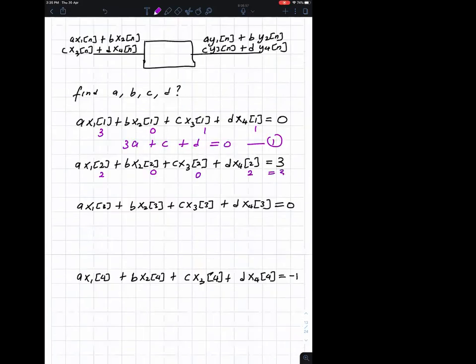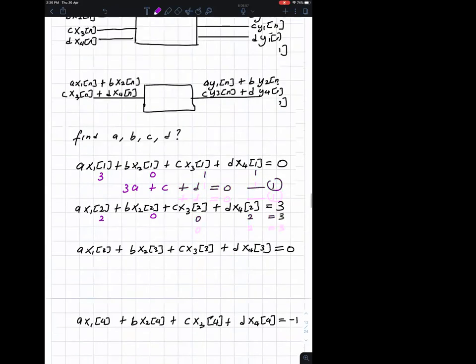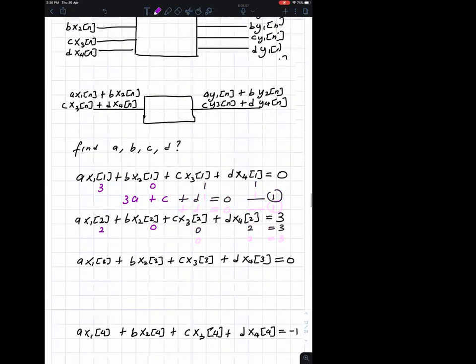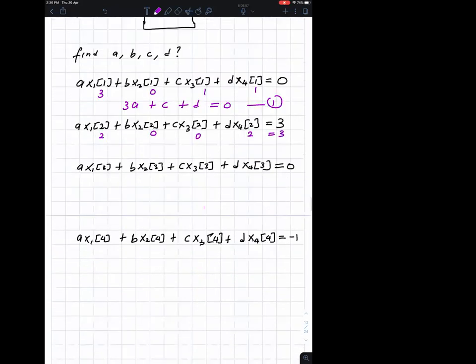It's equal to 3 because the output is 3 at position 2. So therefore, I can write an equation for this. So this is going to be 2A plus 2D is equal to 3. So this is another equation.